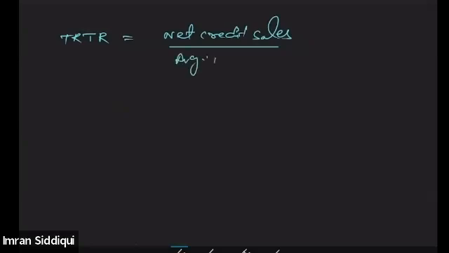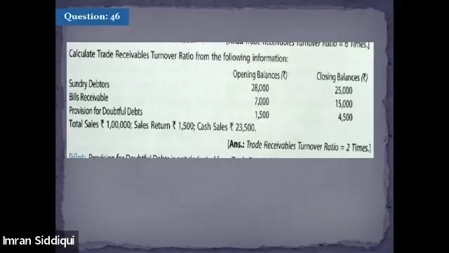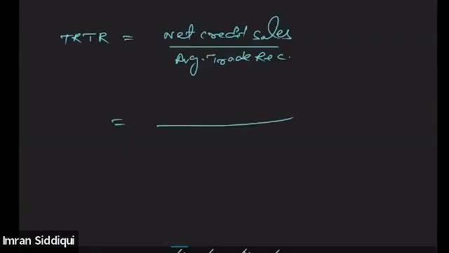Trade receivable turnover ratio equals net credit sales divided by the average trade receivable. So net credit sales can be calculated by subtracting the sales return and cash sales.